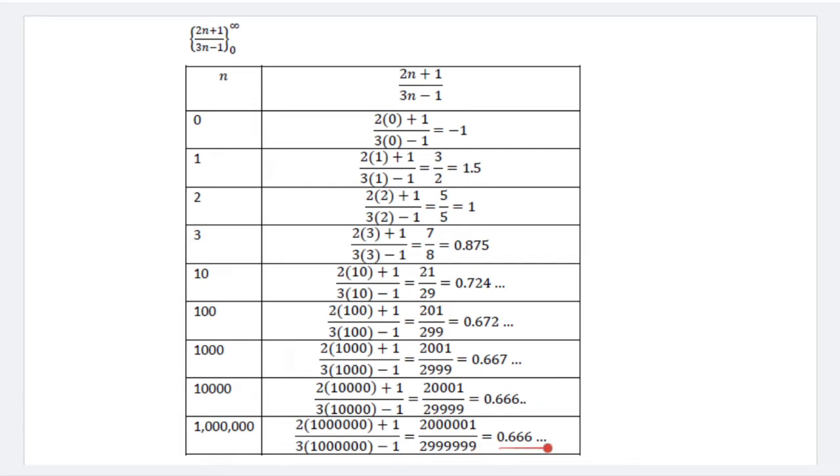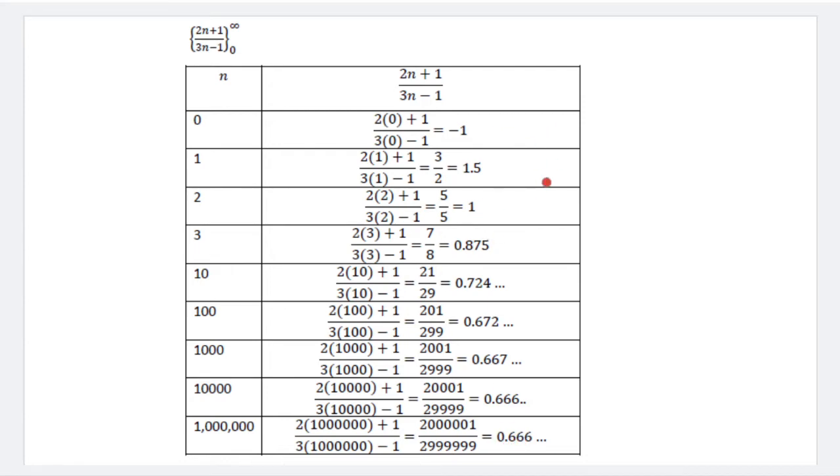1,000,000, 0.666. Now you would also notice, if you do your own calculation here, if you use an even bigger number here, something bigger than 1 million, you can go to 10 million, 100 million, and so on. You most likely would always be getting 0.666. So this tells us that the sequence is actually going to a certain number, and most likely it is 0.666.